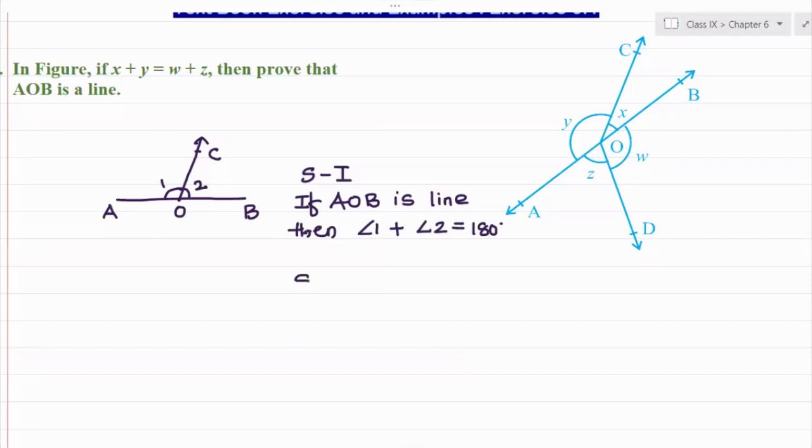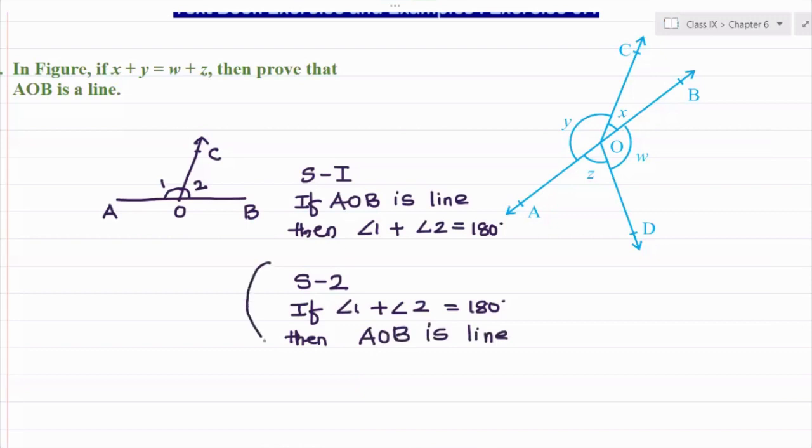Statement number 2 will be the opposite of the first one. If two angles, for example 1 and 2, sum to 180 degrees, then AOB is a line. So we have to prove here that AOB is a line.